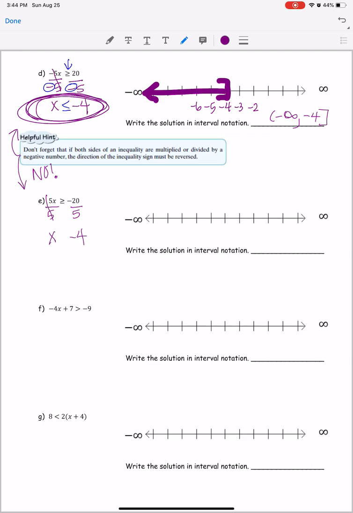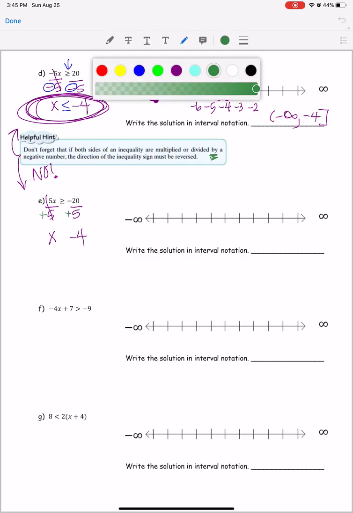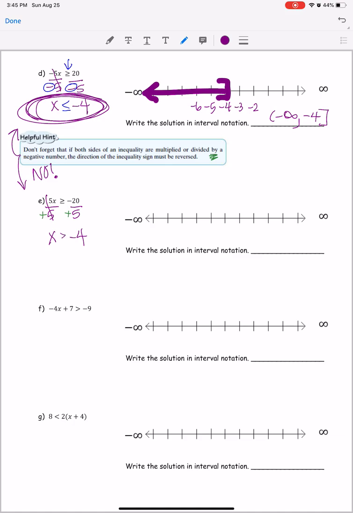On this one, though, because I am dividing by positive numbers, I am not flipping my symbol. It does not matter that the beginning number, that 20, is negative. This is why I kept underlining this "by." If we are not multiplying or dividing by a negative number, then this special rule doesn't apply to us. So we are keeping this symbol the way it is.